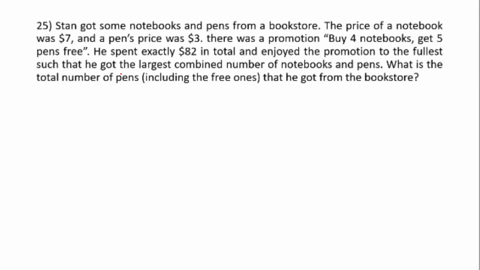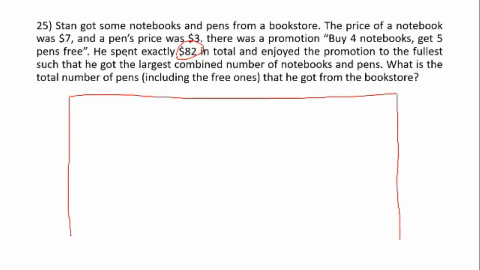So the easiest way to do this is to write it in a table or a list. Okay, because we know that he spent a total of $82. So let's just try to find out the different combinations we can have to get a total of $82. The price of the notebook is $7, while the price of the pen is $3.